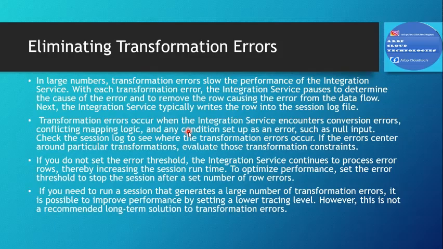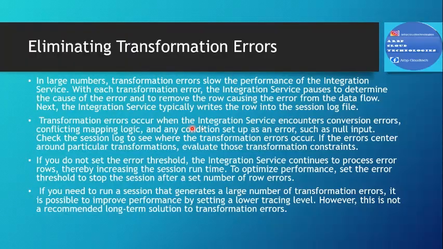transformation errors. A large number of transformation errors slows performance, right? With each transformation error, the Integration Service has to determine the cause of the error and remove the row causing the error from the data flow. Then the IS service typically writes the row into the session log file.